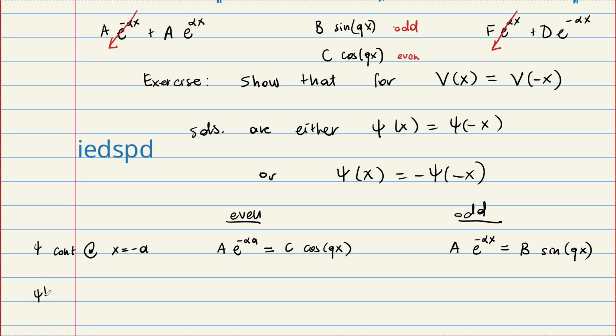So psi prime continuous at x equals minus a. So I am going to have alpha a e to the minus alpha a is equal to the derivative of cosine, which is minus sine, so minus q c sine qa. Good?